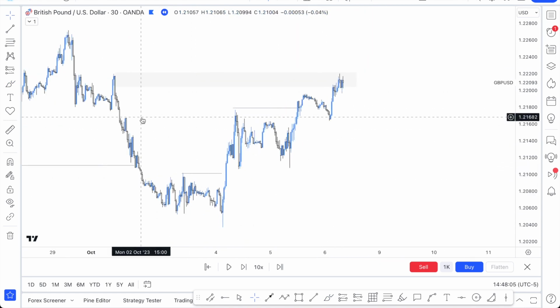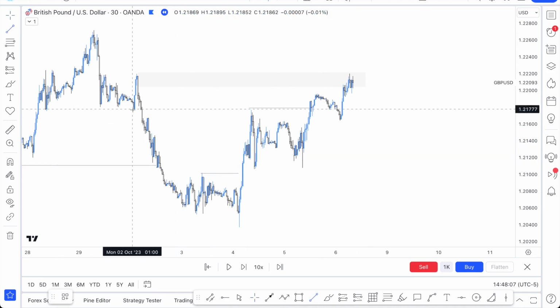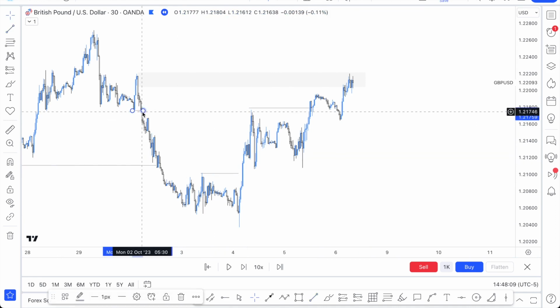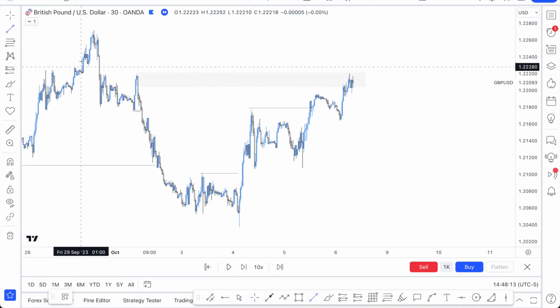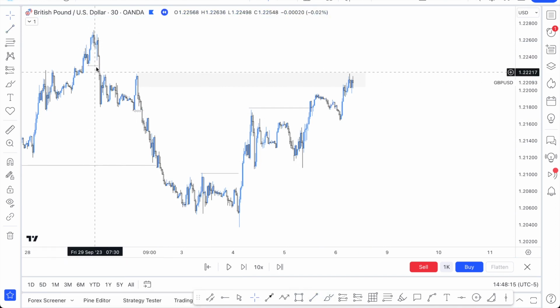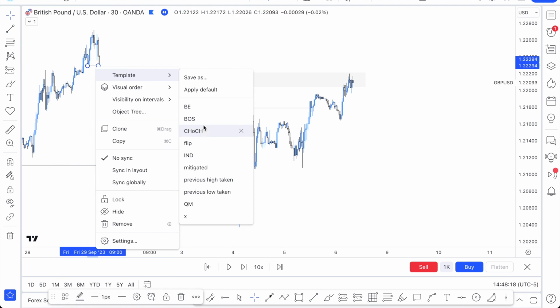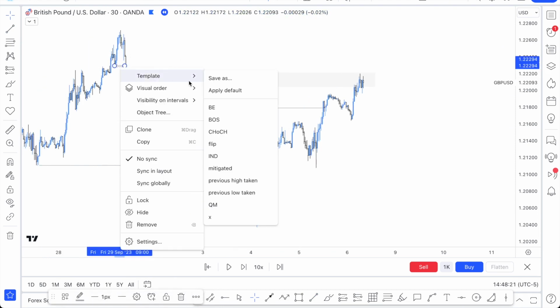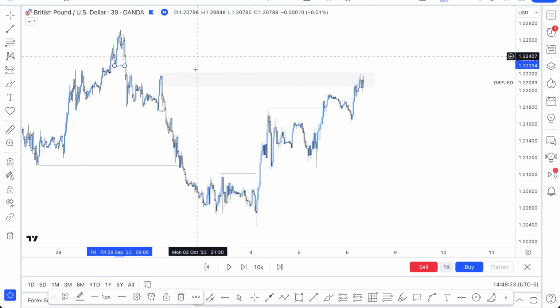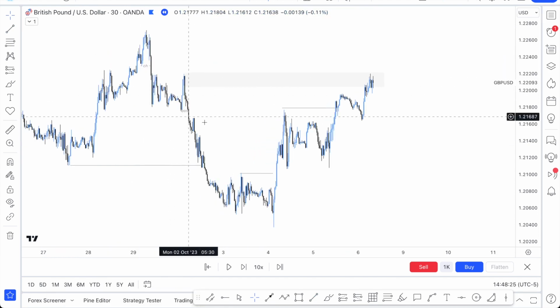So in this case, as you can see, we had an internal breaker structure right here. And then you can also see that we had another internal one in there that started from the very high. Actually, we can just call that a CHoCH because it is a CHoCH right there. Okay. And in fact, we can even go a little further from here.